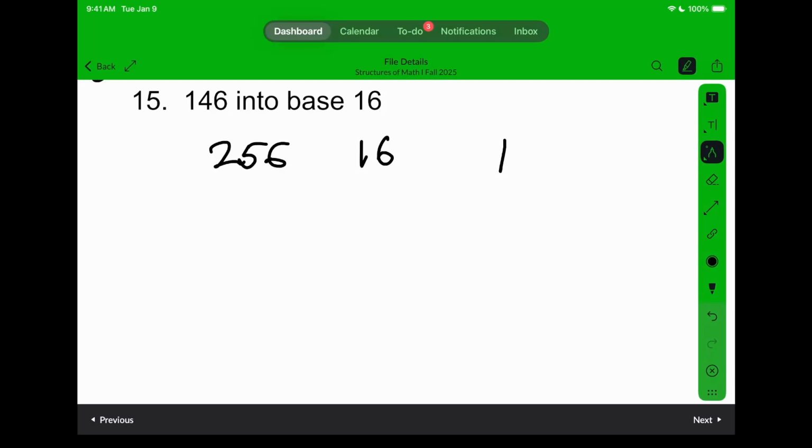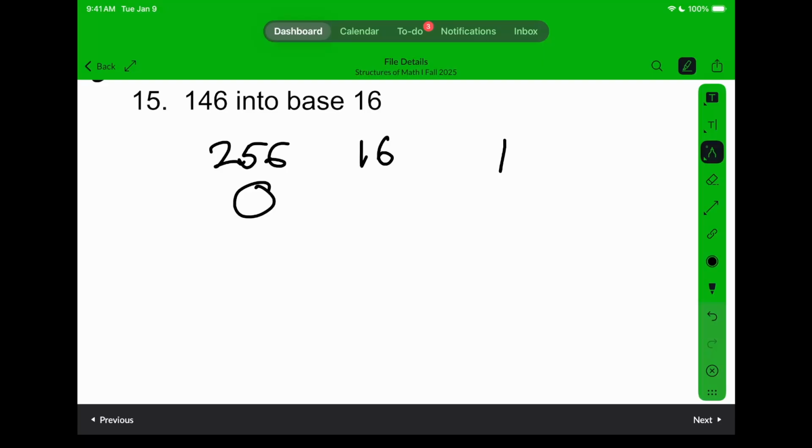256 is bigger than 146, so that is too large. 16 can go into 146, but it can go in a couple times.